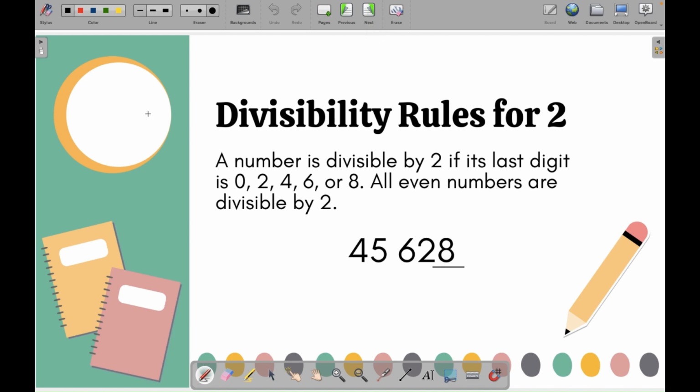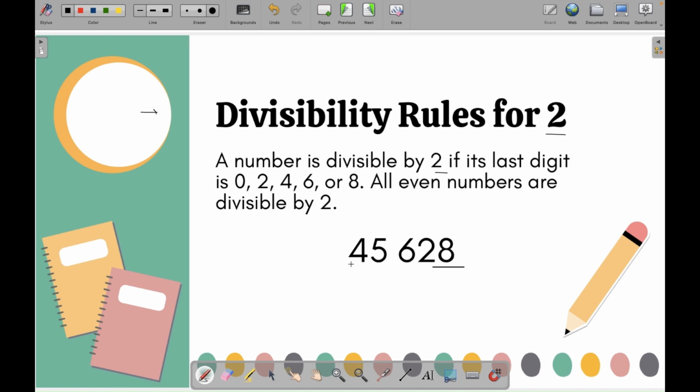Let us see this by considering 2 as an example. What is the divisibility rule for 2? The rule says that a number is divisible by 2 if its last digit is even, say 0, 2, 4, 6 or 8.